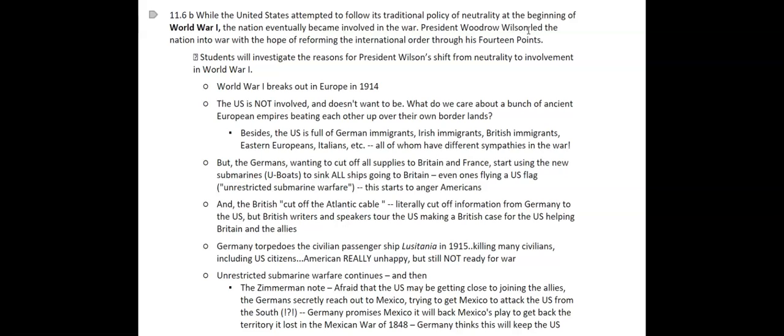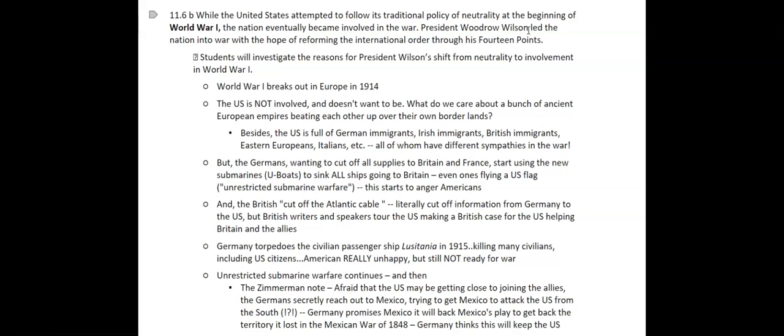The Germans claim it's also carrying ammunition for the British, and they had published warnings in New York City newspapers saying, "We're going to torpedo the Lusitania, don't get on it." When they do torpedo it, Americans are outraged. Germans killing civilians, and killing American civilians at that, who have nothing to do with the war. We're not happy, we're angry, but we're still not ready to actually enter the war.